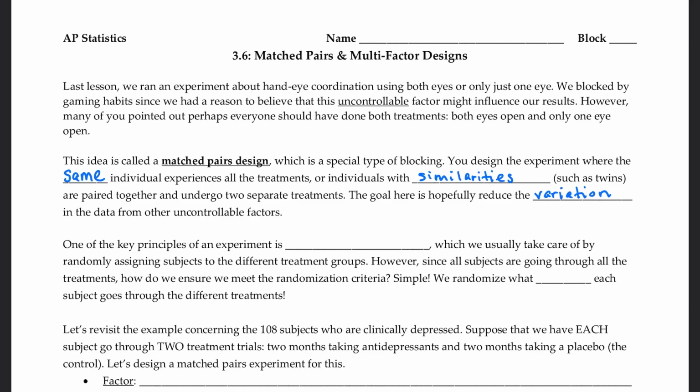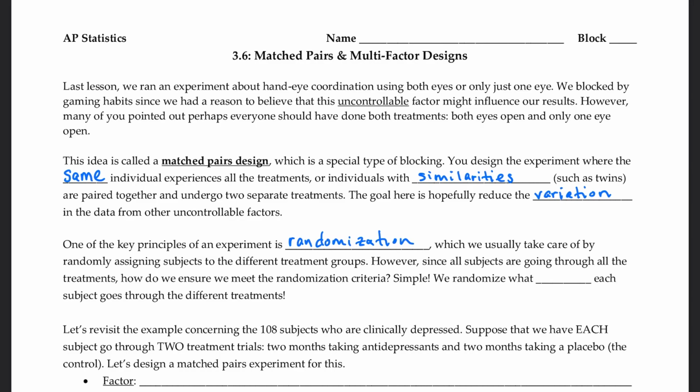If you recall, one of our key principles of an experiment is randomization. So far we've thought about randomization as taking our subjects and randomly assigning them to the different treatment groups. Well, if everybody's going through all the treatments, how can you do randomization? That seems impossible now.